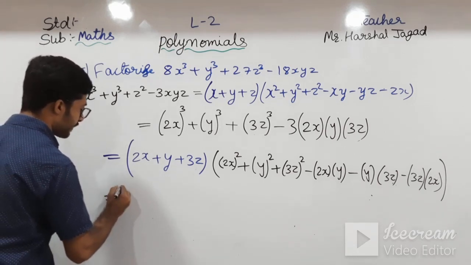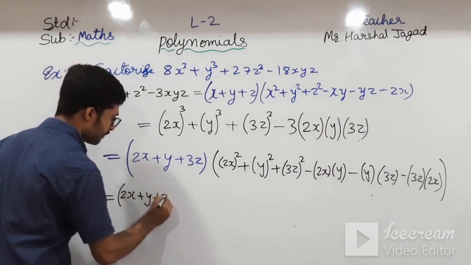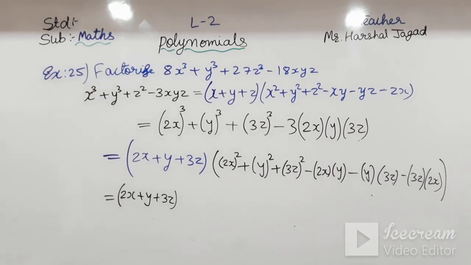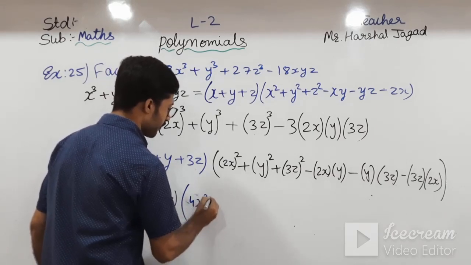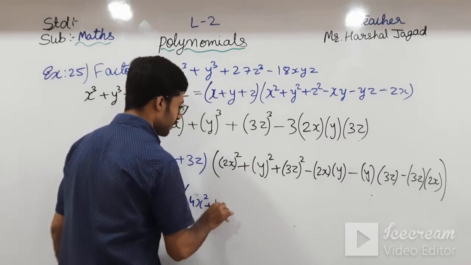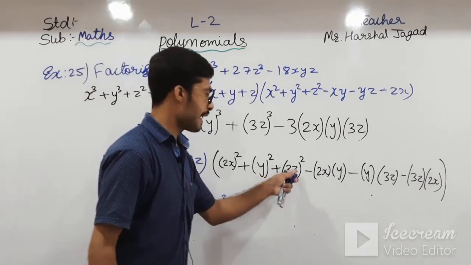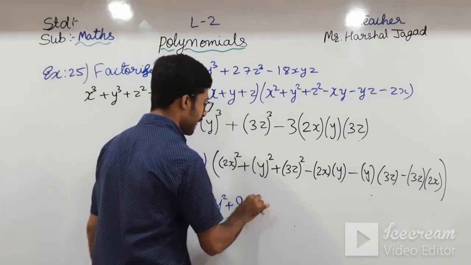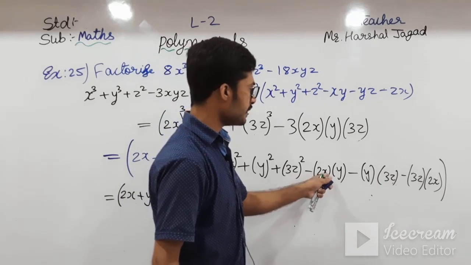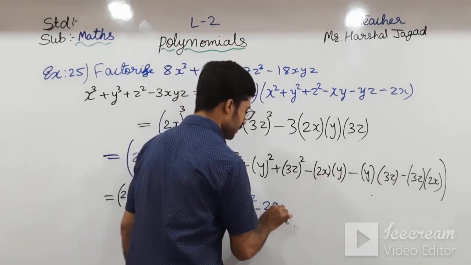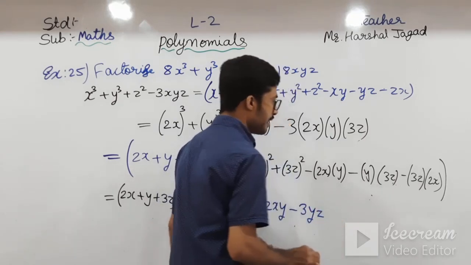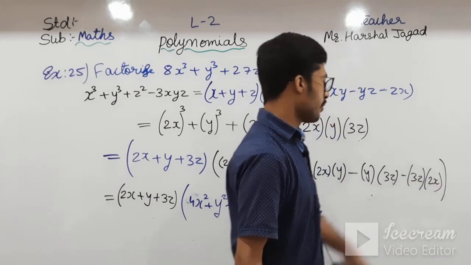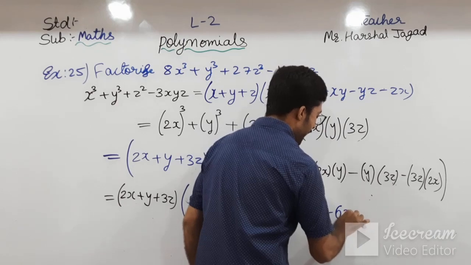This bracket will be as it is. And in this bracket what will happen? (2x) square, that is 4x square, plus y square, that is y square, plus (3z) the whole square, that is 3 square is 9z square, minus 2x into y, that is 2xy, minus y into 3z, that is 3yz, and minus 3z into 2x, that is 3 2s are 6xz or zx.